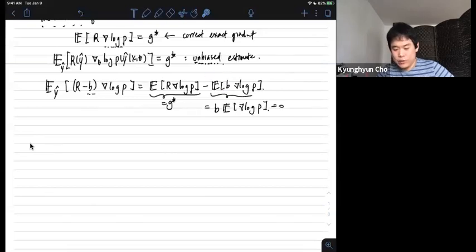However, I did it, so what I'm assuming is that b is not a function of y hat. As long as b is not a function of y hat, I can subtract this b from r, the reward, however I want. And then I see that this whole expected quantity is still the exact gradient.